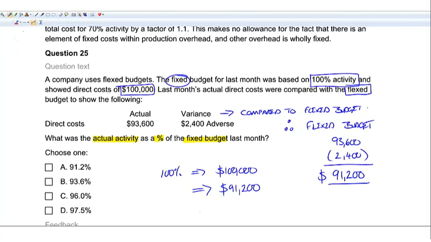So therefore, our actual activity as a percentage of the fixed budget must be 91,200 over 100,000. The response option that matches our answer is response option E.